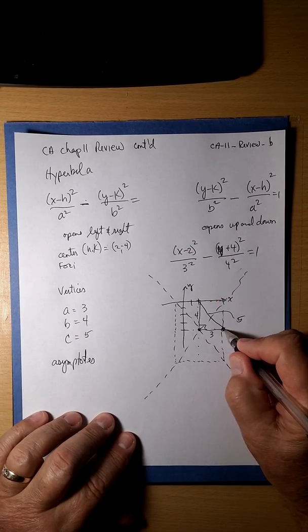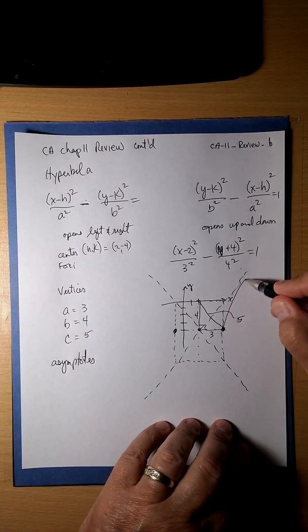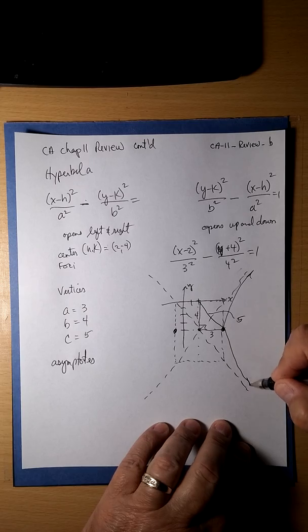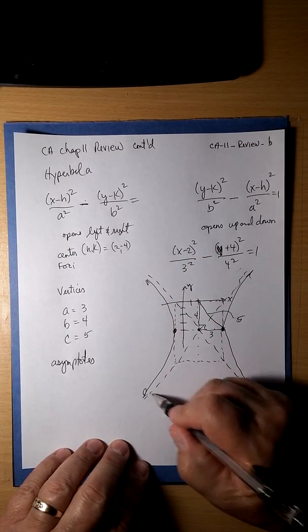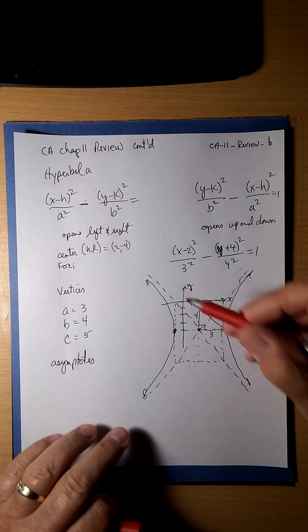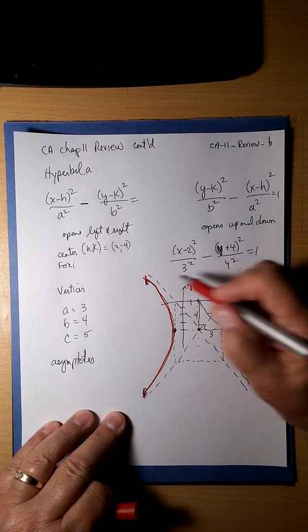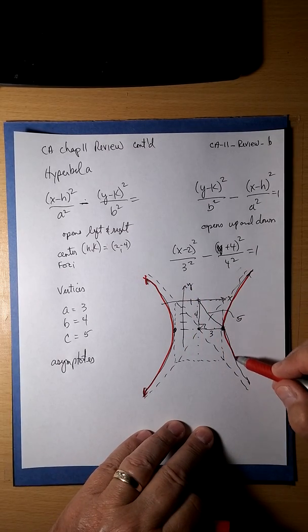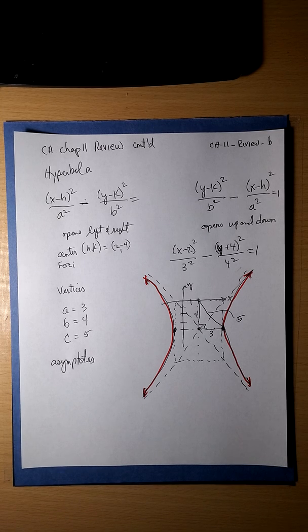So you go on that rectangle and you approach the asymptotes. Of all that drawing, the only thing that is really the hyperbola are these curves. Everything else, just set it up so you can draw it.